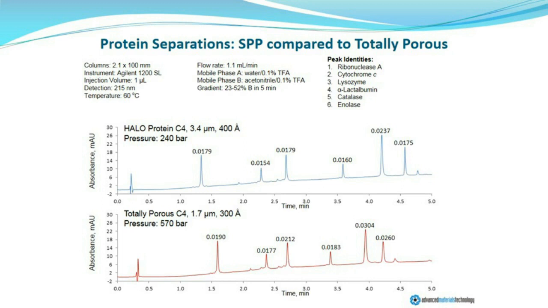And you can see the improved peak width on the superficially porous material on the top panel, particularly true as the molecular weight of the proteins is increased. So, for example, catalase and enolase are improved by nearly 50% in terms of their peak widths relative to what we get with a sub-2 micron, 300 angstrom superficially porous material.